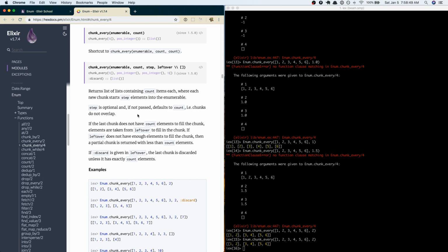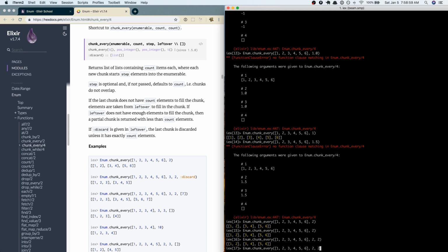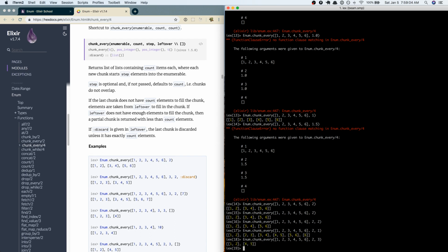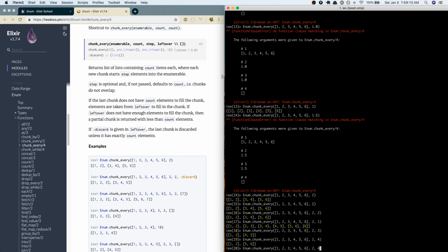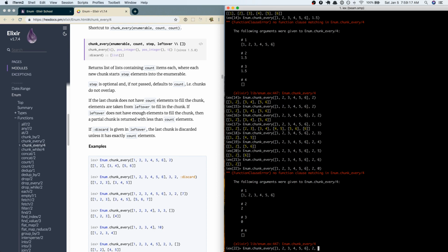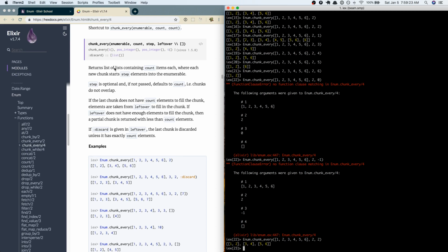Step is optional, and if not passed, defaults to count. Chunks do not overlap. Leftover.